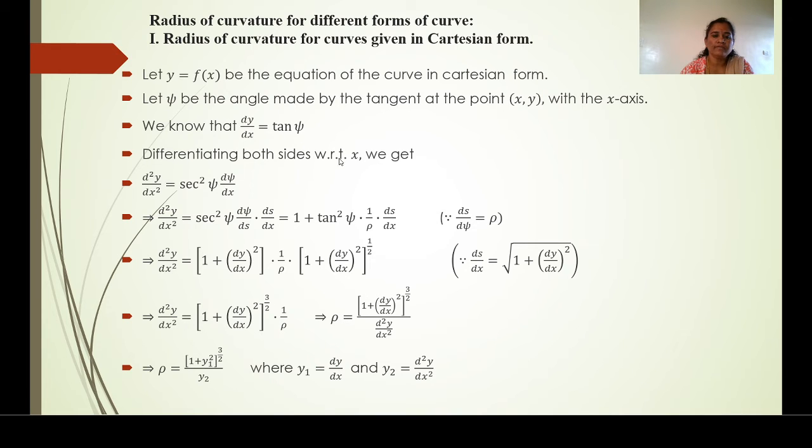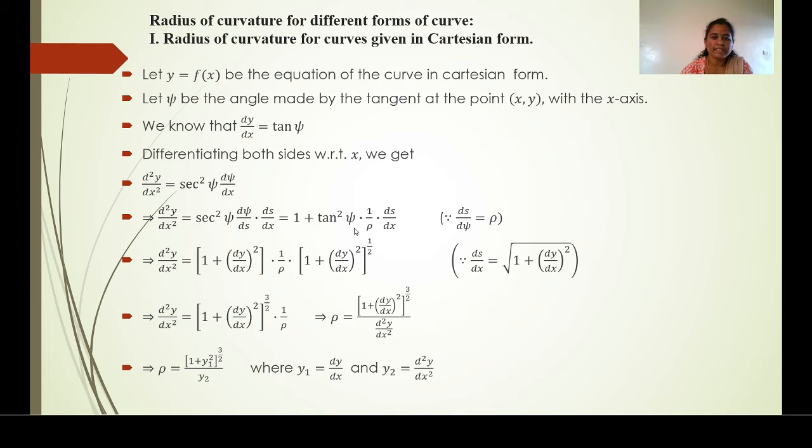Differentiating both sides with respect to x, we get d square y by dx square is equal to sec square psi into d psi by dx. Again, d square y by dx square is equal to sec square psi into d psi by ds into ds by dx, with respect to the arc length, where sec square psi is 1 plus tan square psi, and ds by d psi is rho.